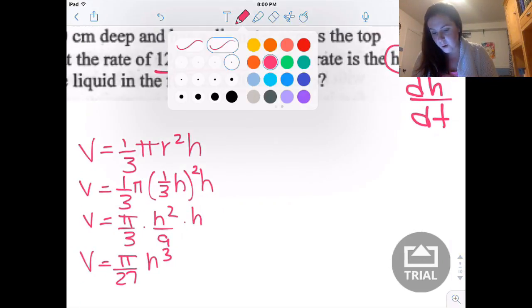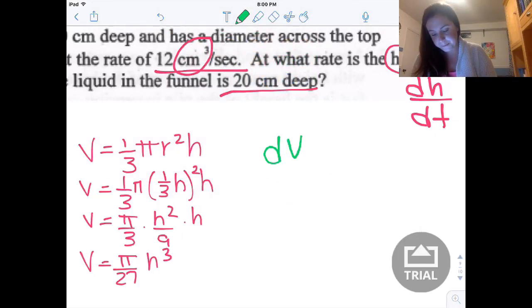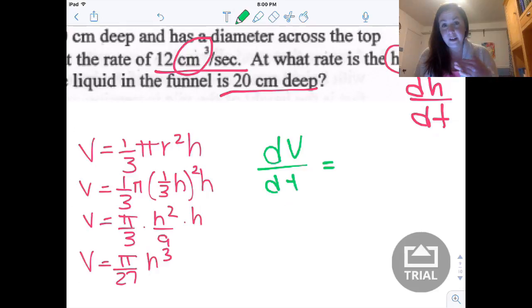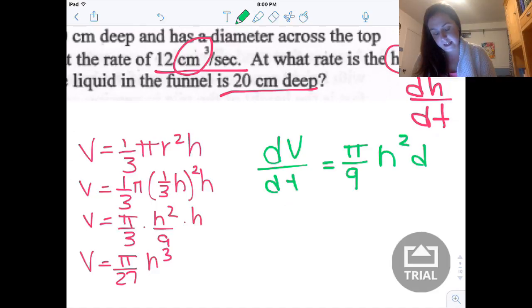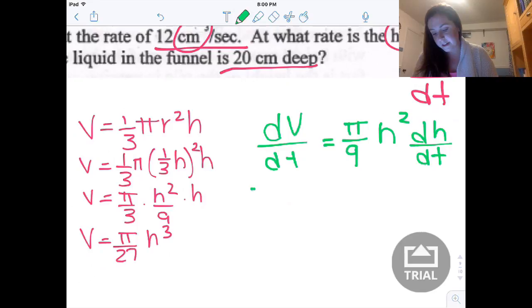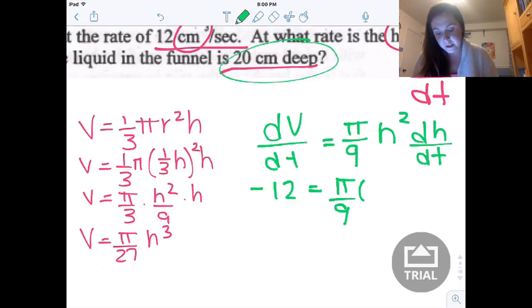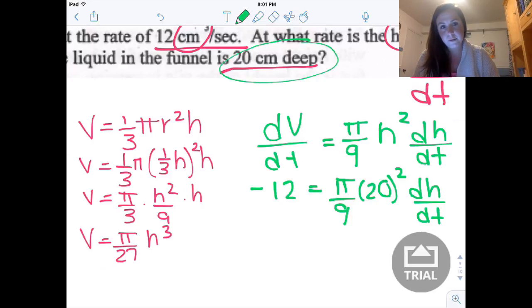So dV/dt equals, bring down the 3, power rule, right? 3 pi over 27 or pi over 9 H squared dH/dt. dV/dt they told me was negative 12 equals pi over 9. They tell me the height is 20 here, 20 squared, and they want dH/dt. So I have everything I need now.